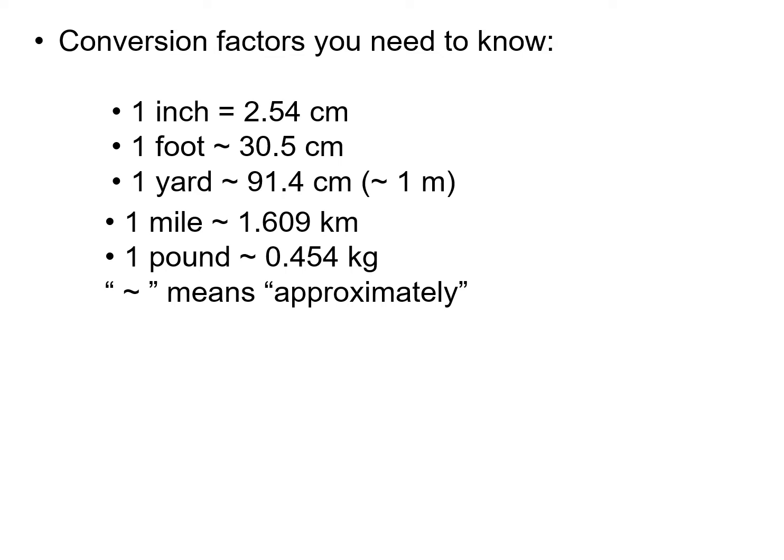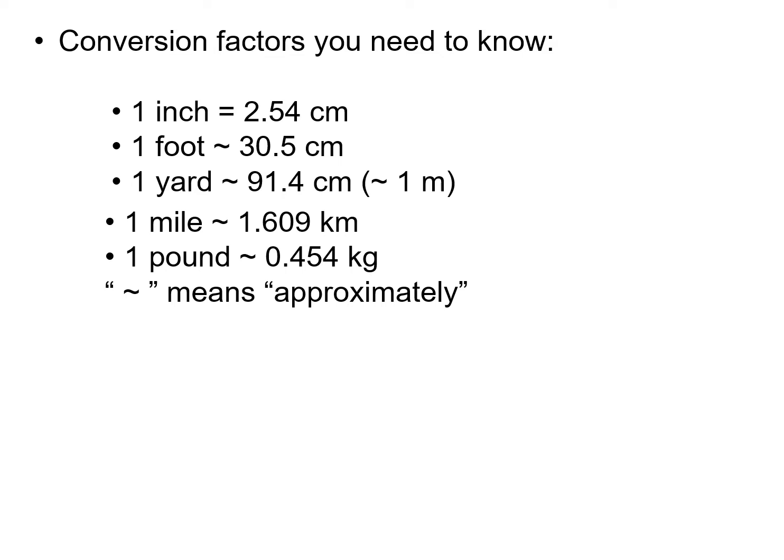So you'd take 1 times 3 times 12, which would give you 36 inches. Multiply that by 2.54 centimeters, and you'd have 91.4 centimeters. So 1 yard is approximately a meter. That little squiggle means approximately. And 1 mile is roughly 1.609 kilometers.